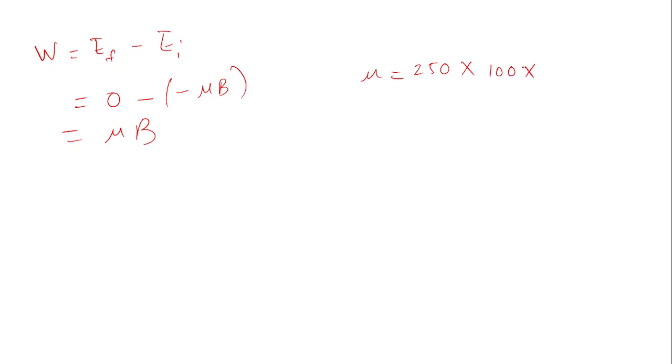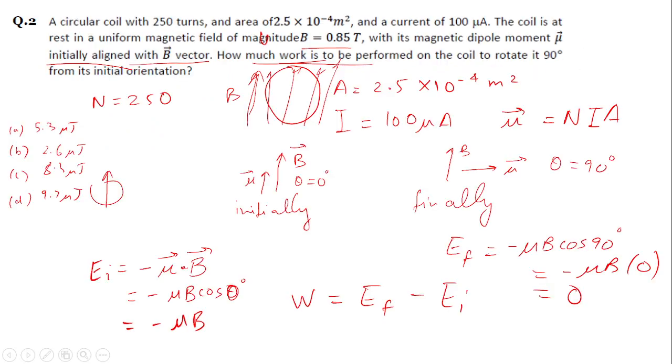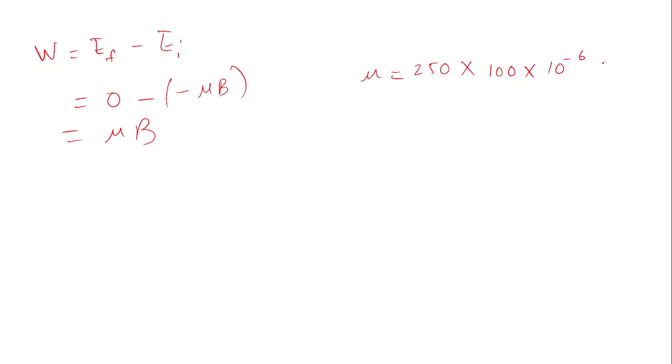Let's change everything to SI units: micro means 10 to the power minus 6. Then the area is 2.5 times 10 to the power minus 4 meter square. This gives the magnetic moment.